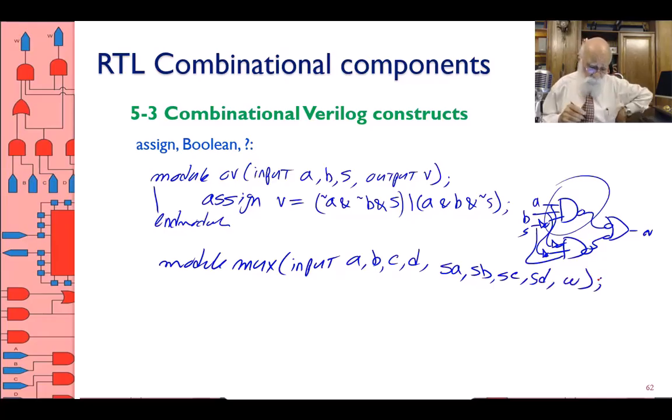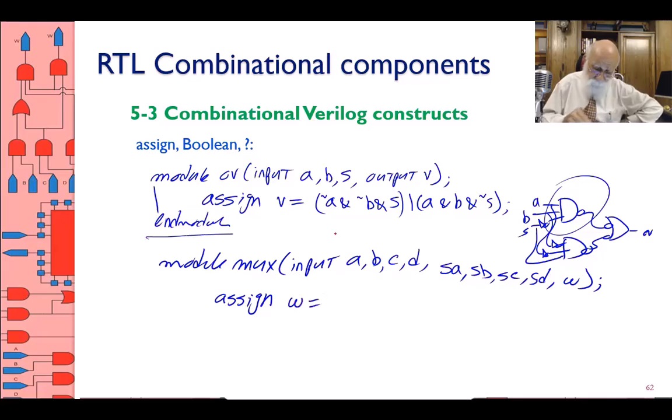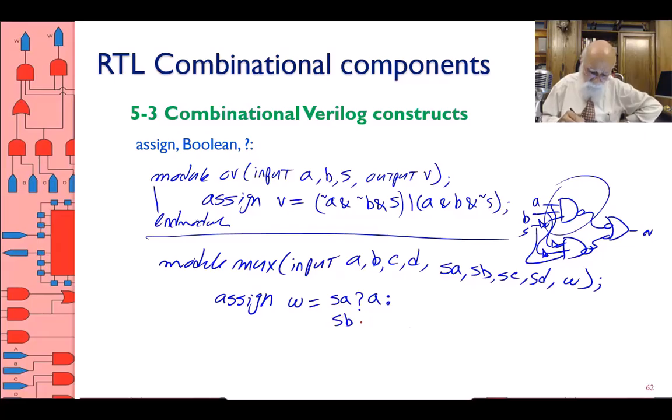This is a decoded multiplexer. And then I can say assign output is if select A, then A, otherwise if select B, then B, otherwise if select C, then C, otherwise if select D, then D, otherwise none of the select inputs are 1, so put a 0. How do I put a 0? 1 tick B 0.